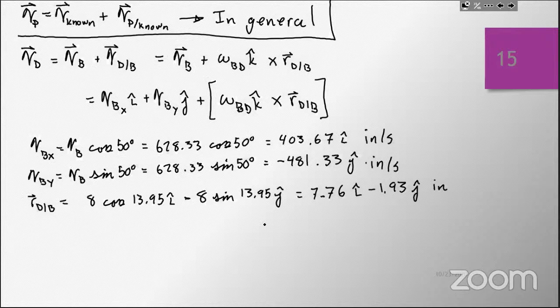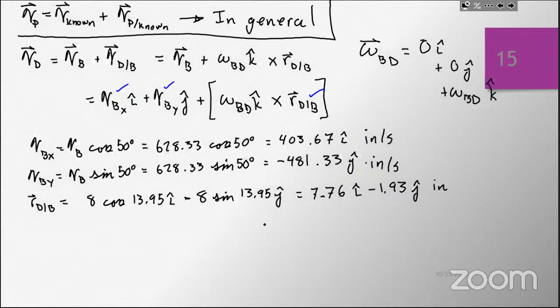We've got r of D with respect to B. We've got VBY and VBX, right? What is omega BD? Well, we don't know exactly what omega BD is, but I can write a vector for it. It's going to be 0 i plus 0 j plus omega BD in the k.